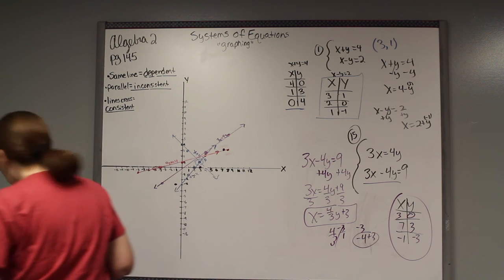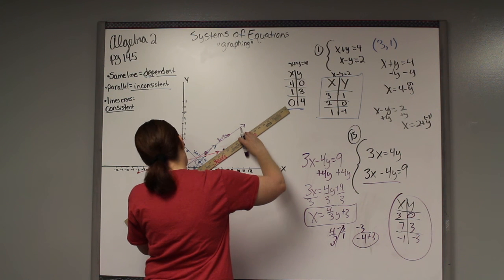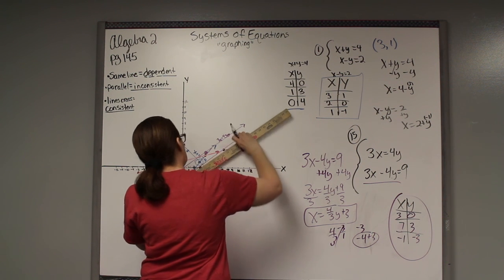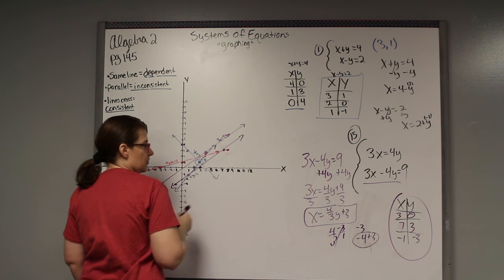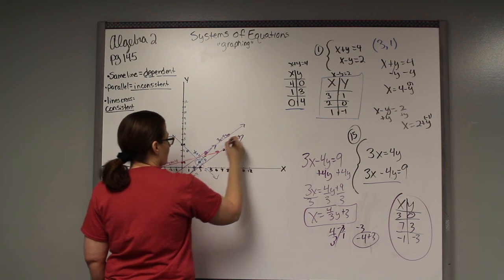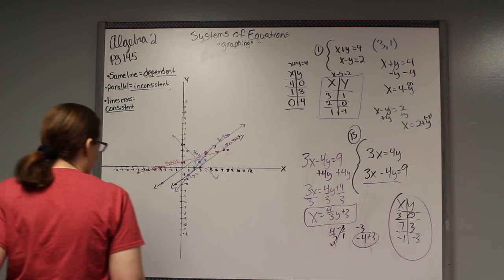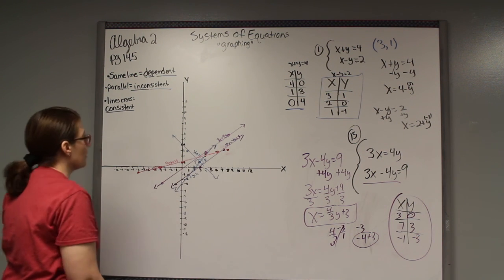So my next line looks like this. And you can see the two lines are parallel. I'll label my line. They're parallel. They're not going to cross. I mean, on my graph, they probably would eventually, but if they were truly parallel, they're not going to cross.